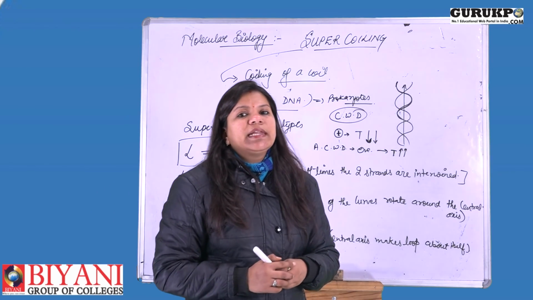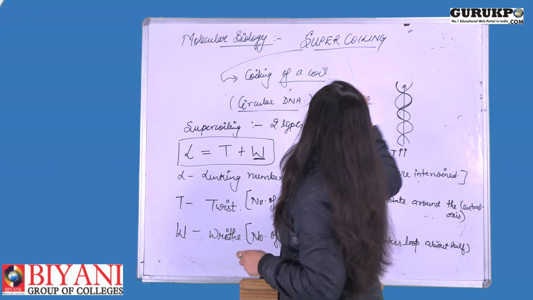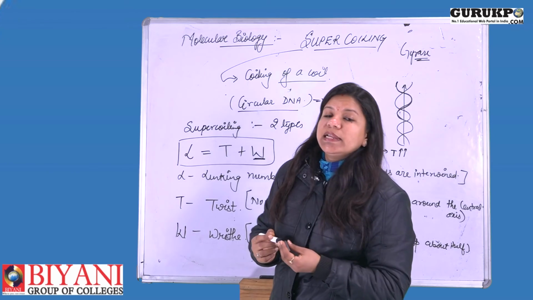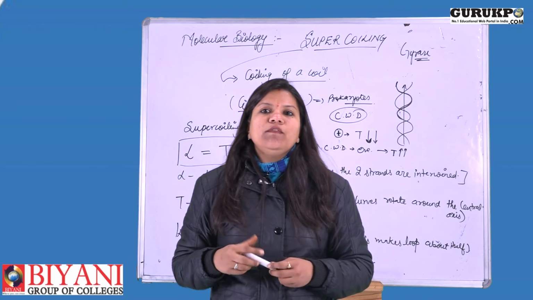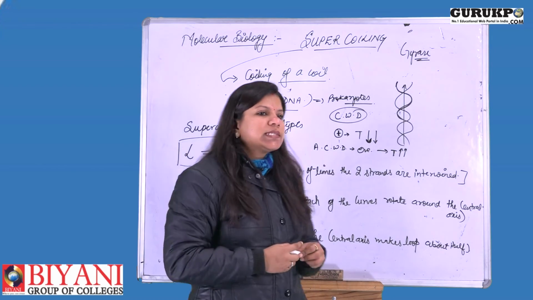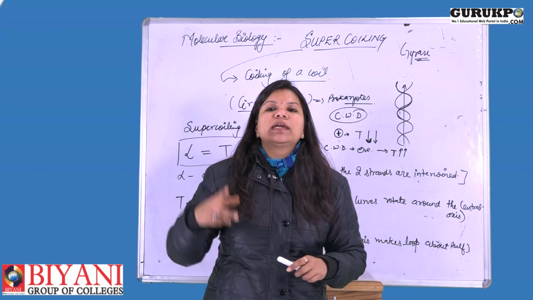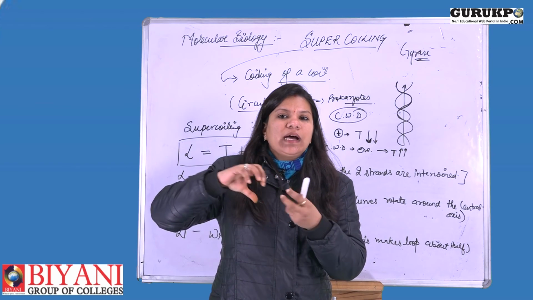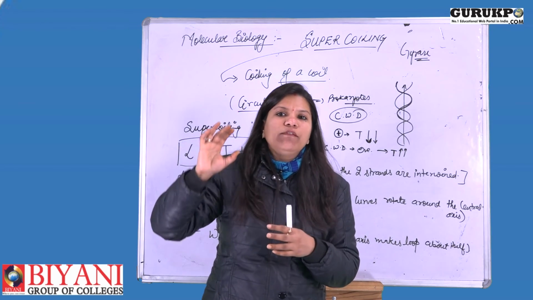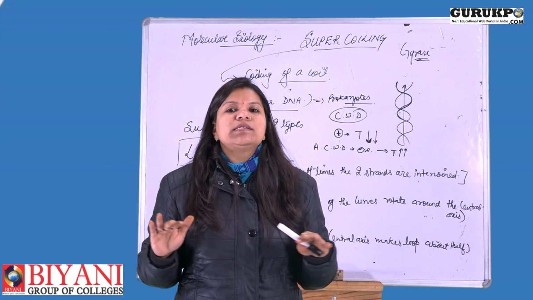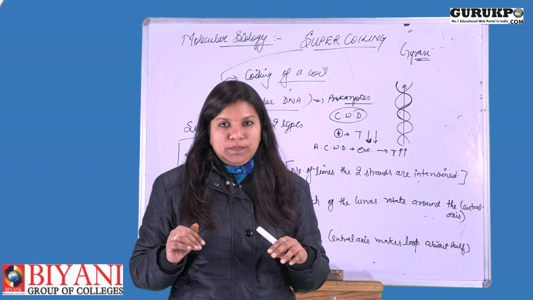Now, generally in prokaryotes, an enzyme named gyrase is responsible for releasing this tension of the torsion effect, or the supercoiling simply. So this gyrase enzyme is responsible for cleaving or cutting the strand of DNA so that the other strand can pass through and get into its relaxed mode.